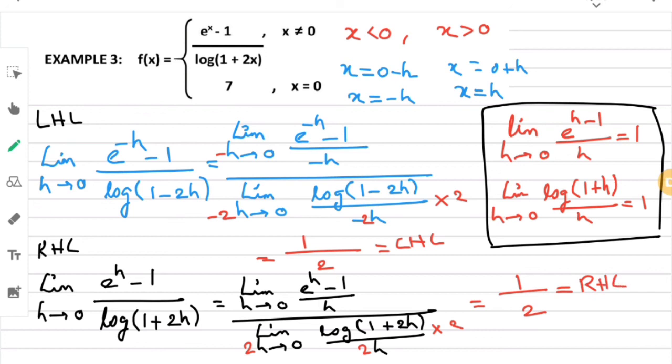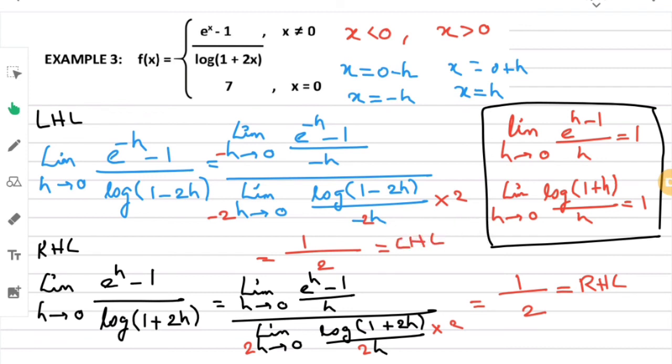Therefore, can I say it is continuous? No. I had checked only the left hand limit and right hand limit. What will happen to f of that exact value, x is equal to 0? What is f of 0? f of 0 is given as 7. Therefore, it is not continuous.